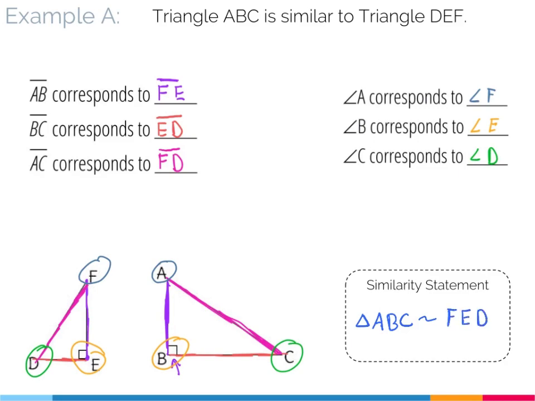And I wrote it that way because that is how the angles correspond to each other. So you can see that angle A matches angle F, angle B matches angle E, and angle C matches angle D. You don't have to have the picture of the triangles to know that. Because of the similarity statement, you can say that A corresponds to F because A came first and F came first. Now let's take a look at example B.